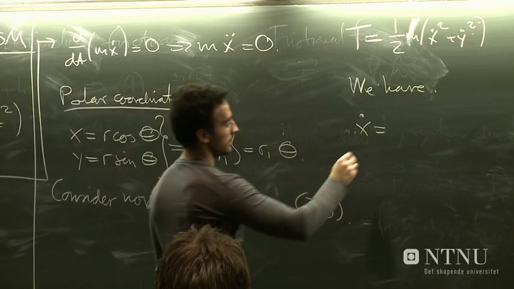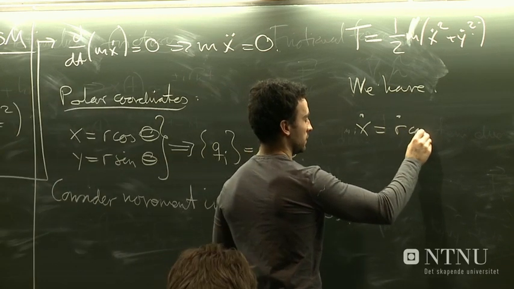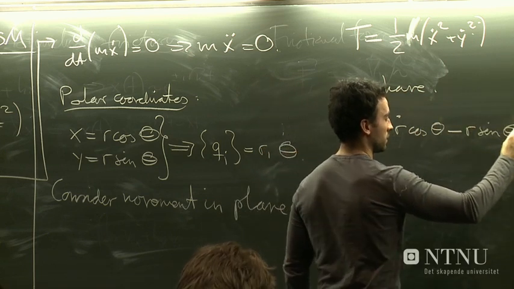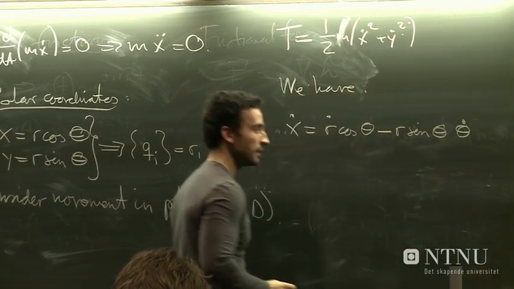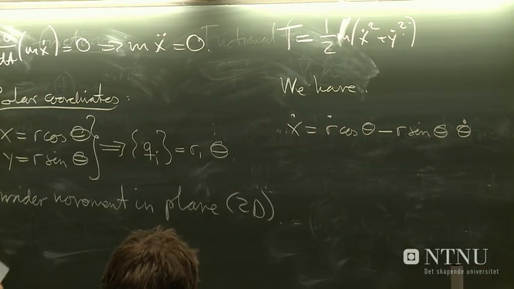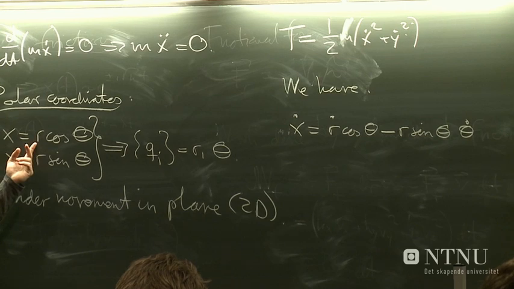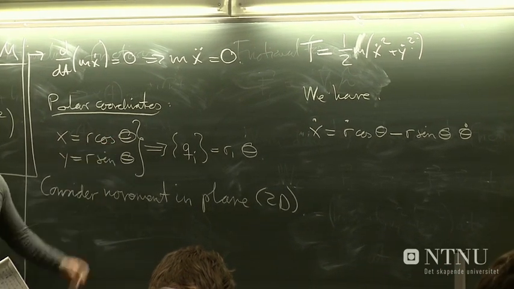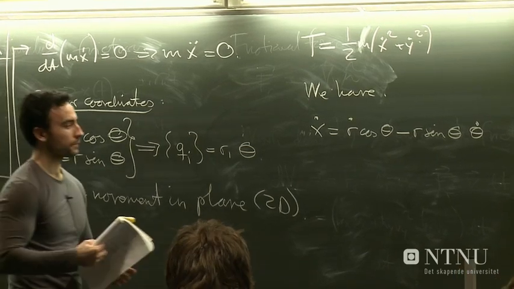So we get this. First the derivative with respect to time of r, and then cosine theta. Same thing for y.